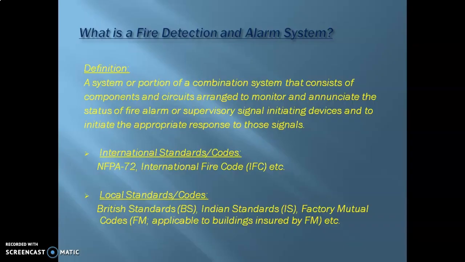Some examples of these local standards and codes are the British standards, which are normally followed in Britain, or the Indian standards that are followed in India, or the Factory Mutual codes, which are applicable to the buildings that are insured by the Factory Mutual insurance company, which are followed in the United States.